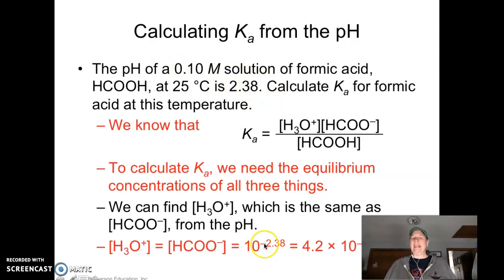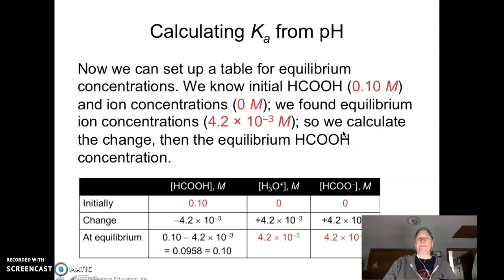And again, if you want to find this as a number, all you have to do is take the negative 2.38 second log and you'll get this number. So now we've got the concentration of both of these. We can plug in 4.2 times 10 to the negative third. I'm sorry you can't see that, you guys. I butted in here. So those two would go there.